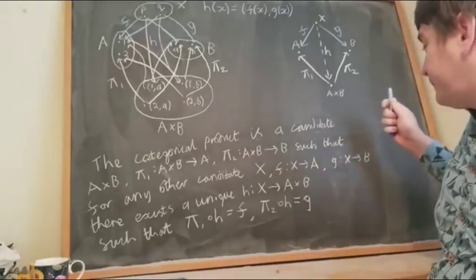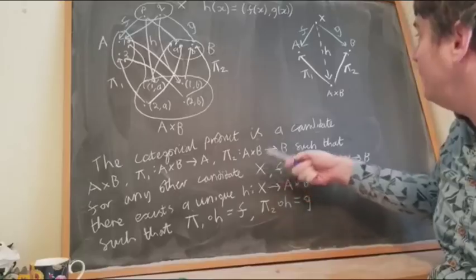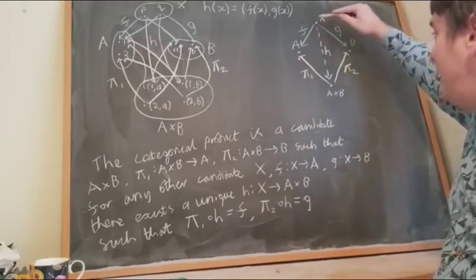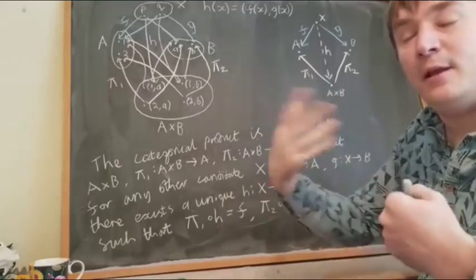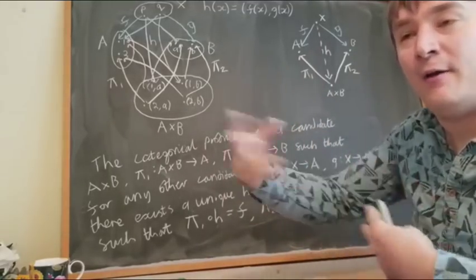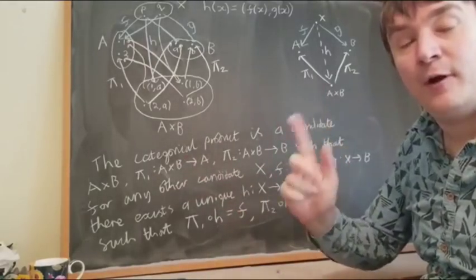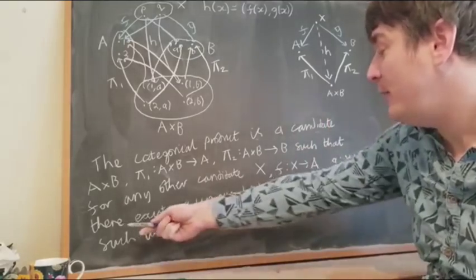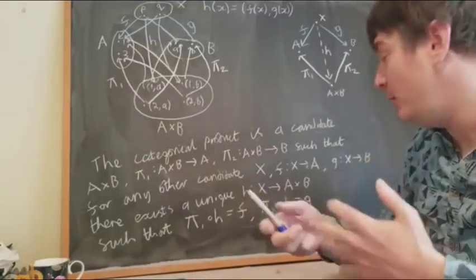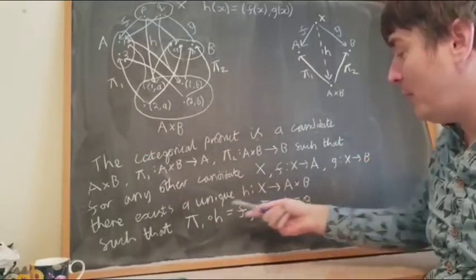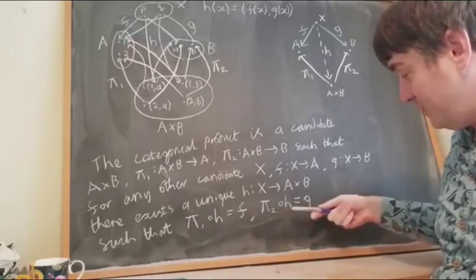So what I'm exactly saying is that if we have any other candidate X, any other thing which has an arrow into A and an arrow into B, there's a way that we can simulate the effects of this arrow F and this arrow G. And there's a unique way of doing it. This is very important, okay? So we're saying that there exists a unique intermediary arrow, H, with the property that pi1 after H is F and pi2 after H is G.